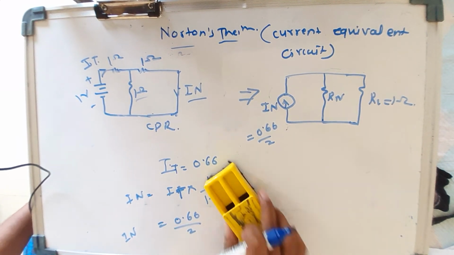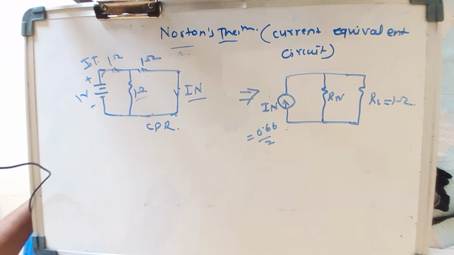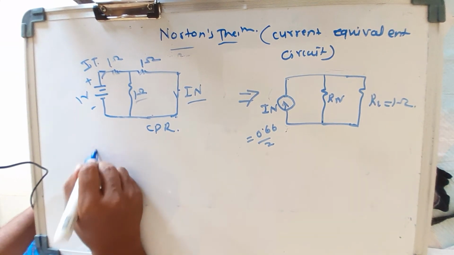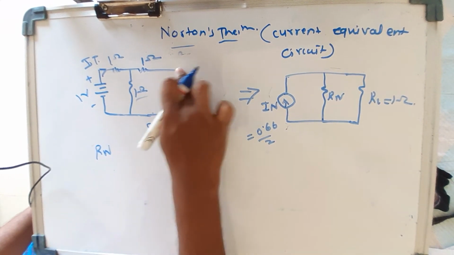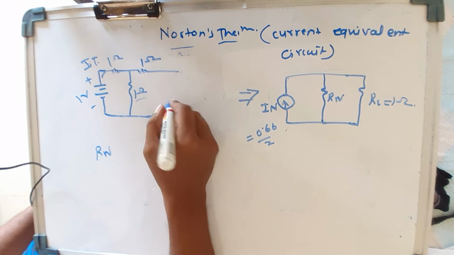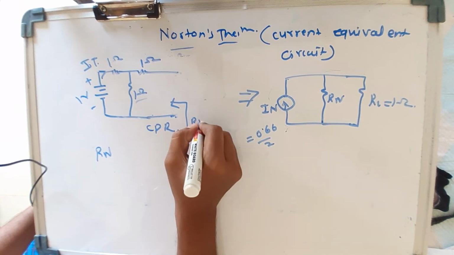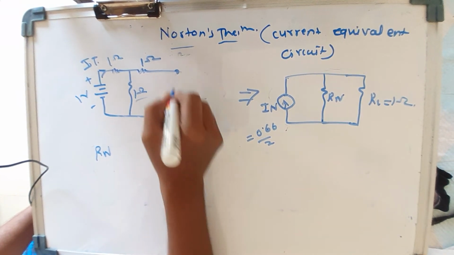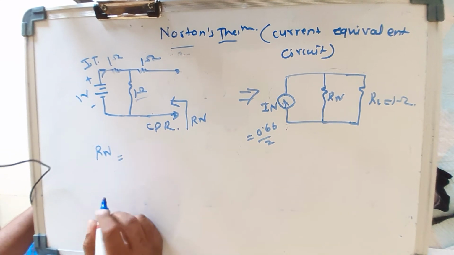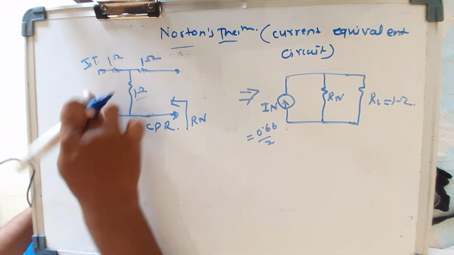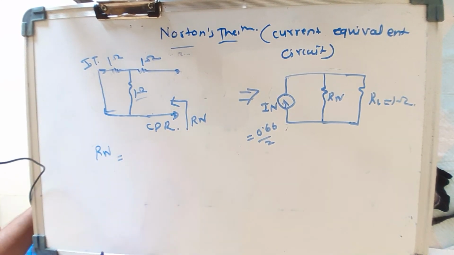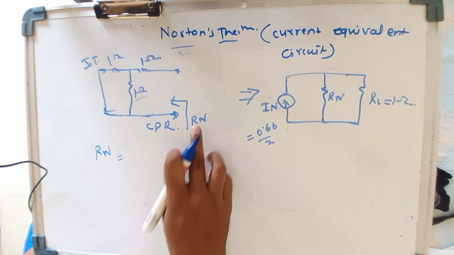Now we will find out the value of R_N. To find R_N, just remove the source, same method. R_N equals, we have to short this. Now do the resistance calculation.